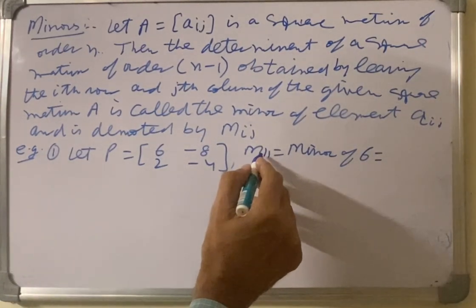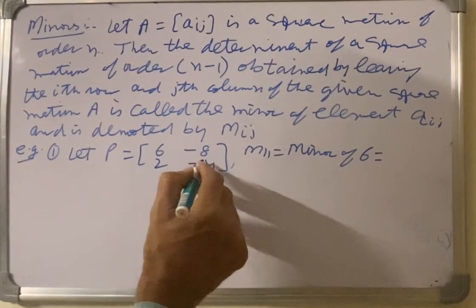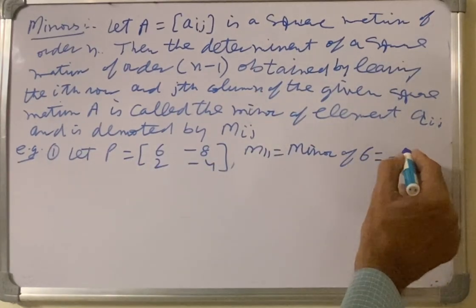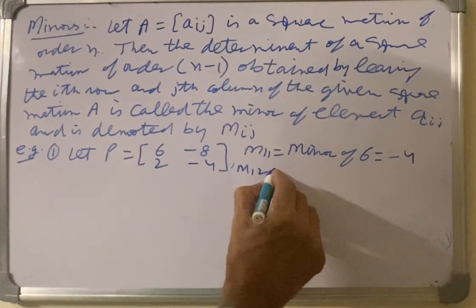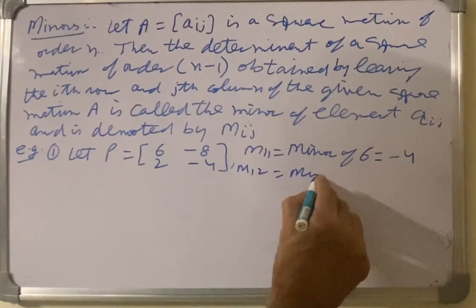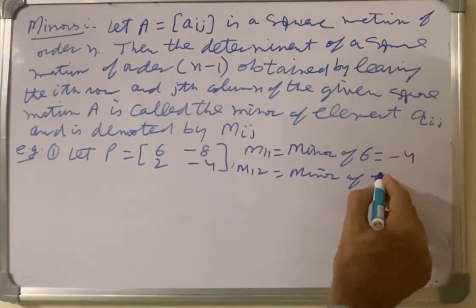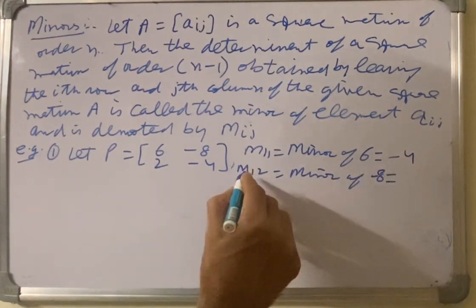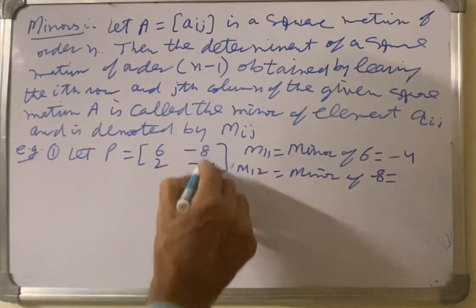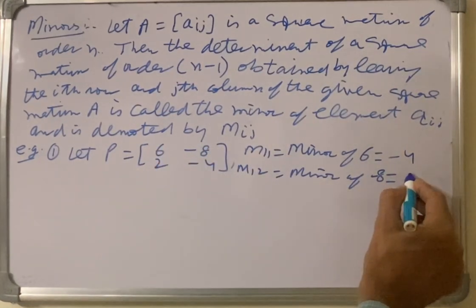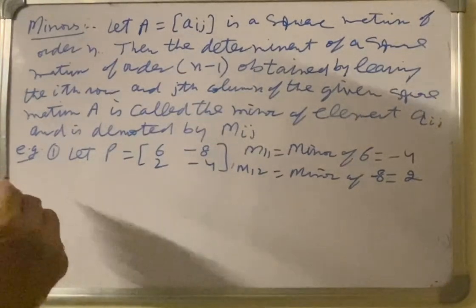M11 means you will leave first row and first column. Leaving first row and first column, we are left with minus 4. Then M12 is minor of minus 8. M12 means you will leave first row and second column. First row and second column we are left with 2. So 2 is minor of minus 8, which is M12.